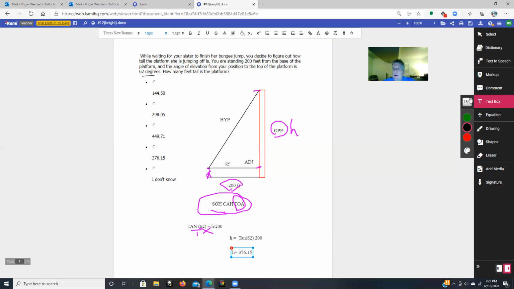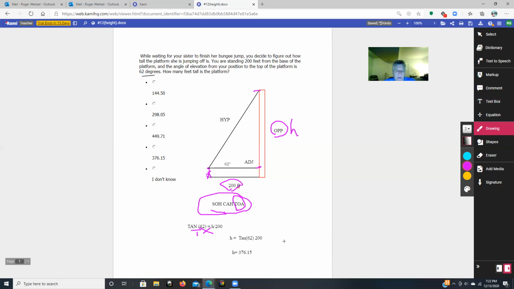So that's what I get on my calculator. I'm rounding to the nearest hundredth. And this is what I got. So now I'm going to uncover my answers. I'm going to see if any of these match. Lo and behold, that one matches. So I'm going to say that is our answer.